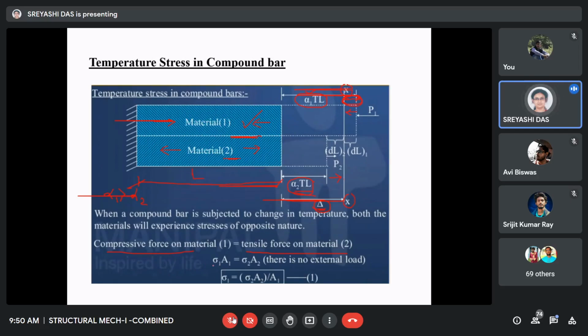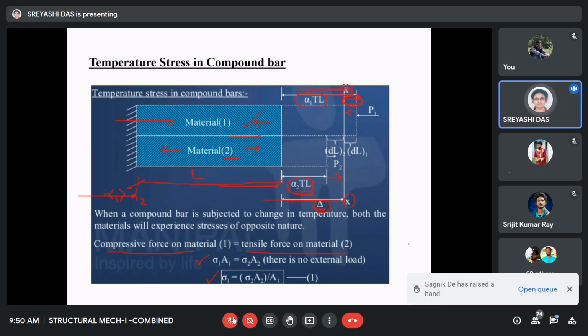Sigma 1 is the stress produced in material 1 and sigma 2 is the stress produced in material 2. So obviously this equation comes, and from this we can write sigma 1 is equal to this. So the first thing we have seen is that the total force must be 0 to maintain equilibrium. Compressive force in material 1 must be equal to tensile force in material 2.